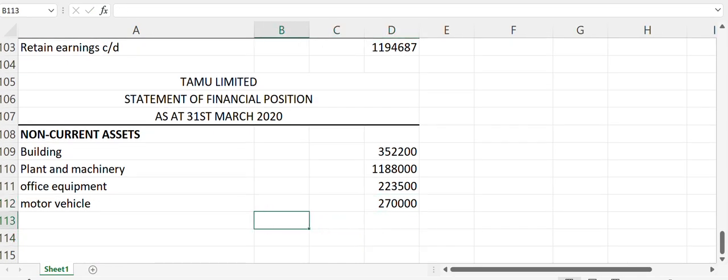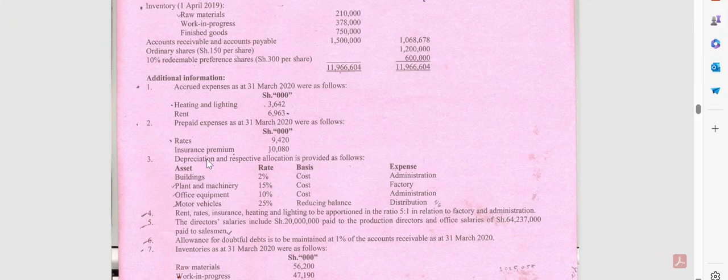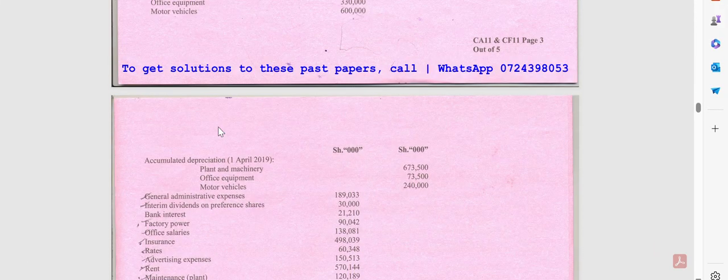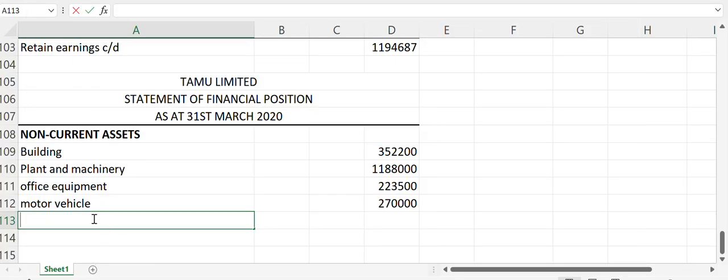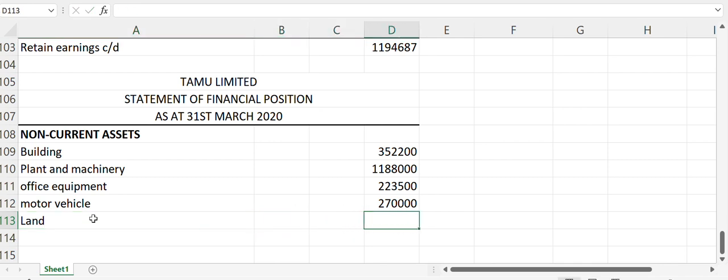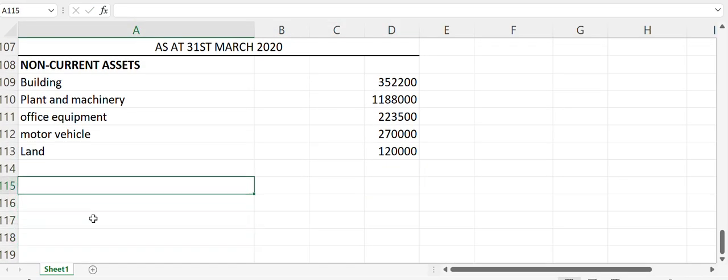So let us check whether we have any other asset in our trial balance. So building, we are done. There is land. You can see there we have land which is 120,000. So we include land, it's 120,000.